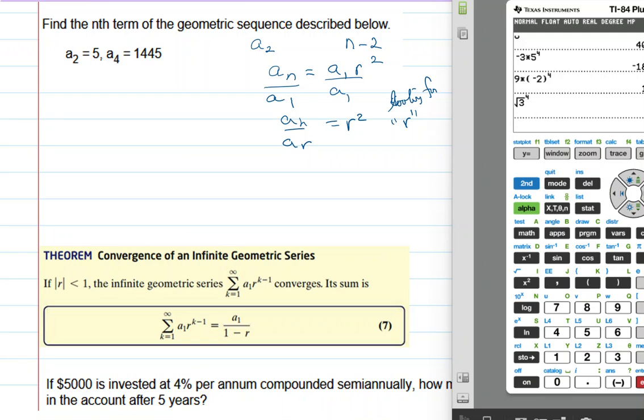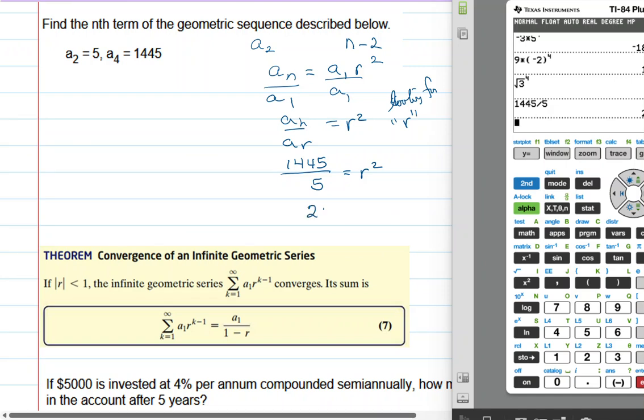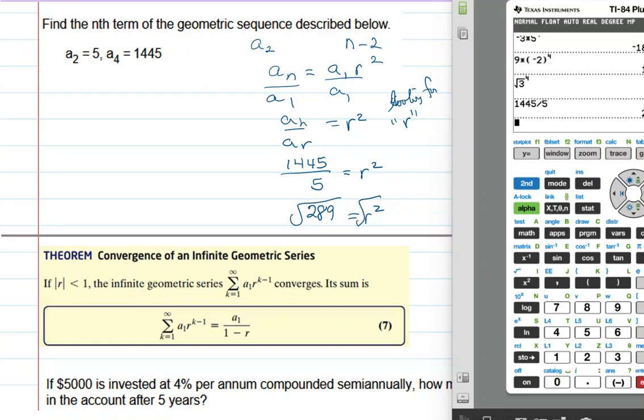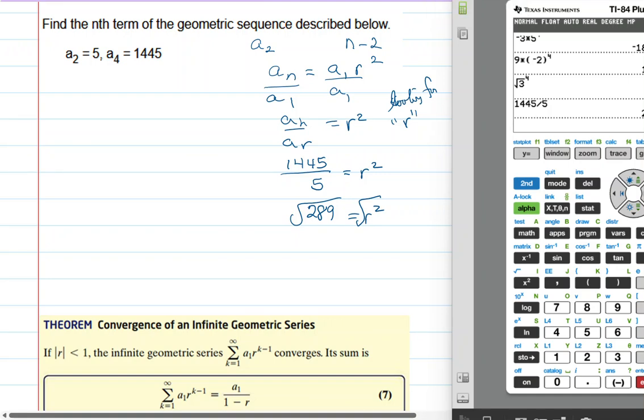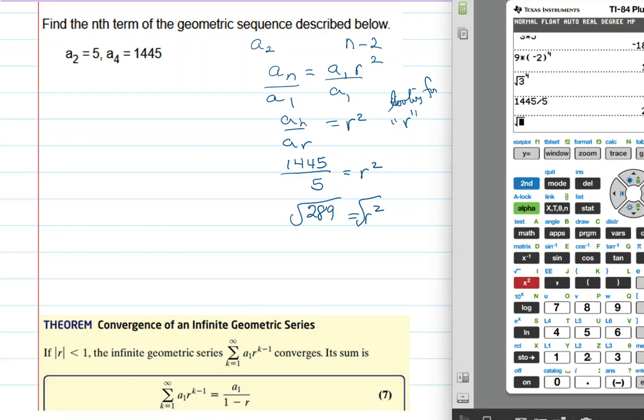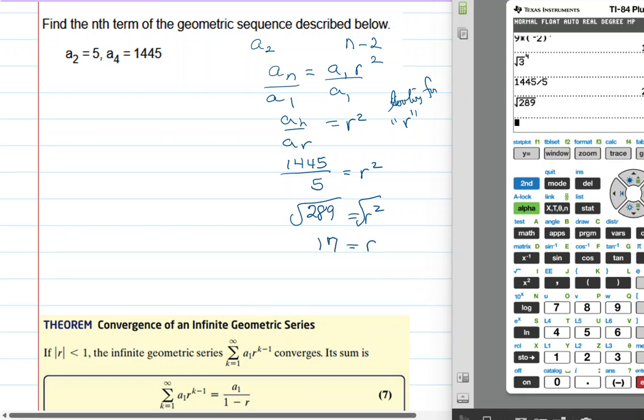And here we go. So we're going to put in the 1445, which is the n value we have, and 5. When we do the math, I get 289. Now we need the square root to know what r is. And they're supposed to come out correct, not impossibilities. Okay? So if you get a decimal, then we've done some bad math. Okay?